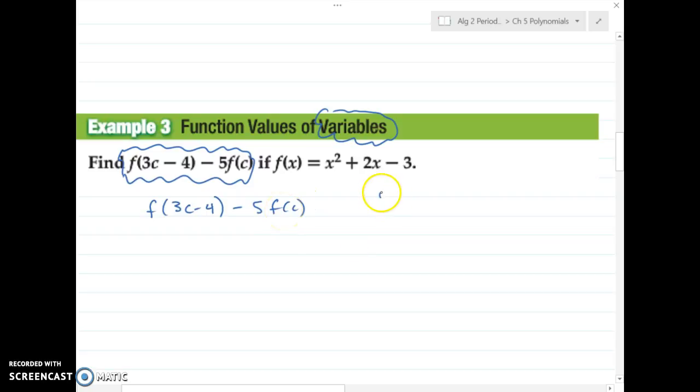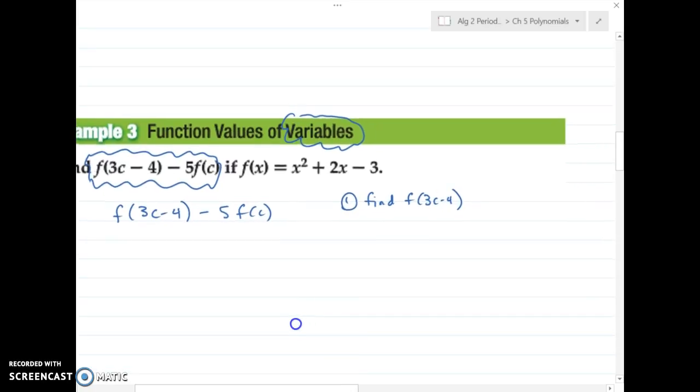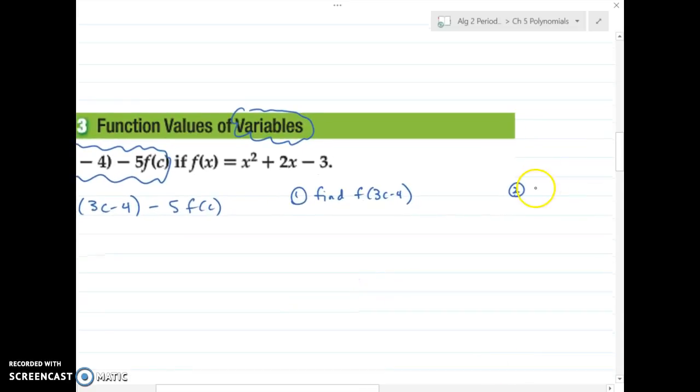First, find the first thing they ask you to find, f of 3c minus 4. Then you can go back and find f of 5c, or just f of c.